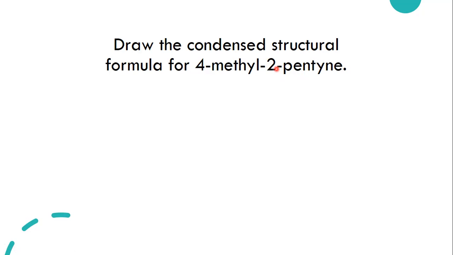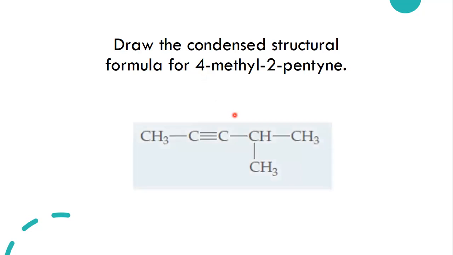And also there is an extra substituent group, which is in methyl form, and this methyl is connected in carbon number 4. So how do we draw it? This condensed structural formula of 4-methyl-2-pentyne could be written as this one.